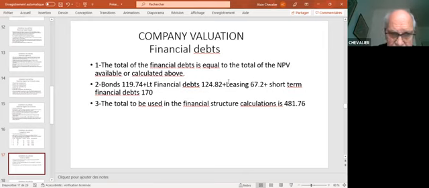It's 170. So you make this calculation: 119.74, 124.82, 67.2, 170.